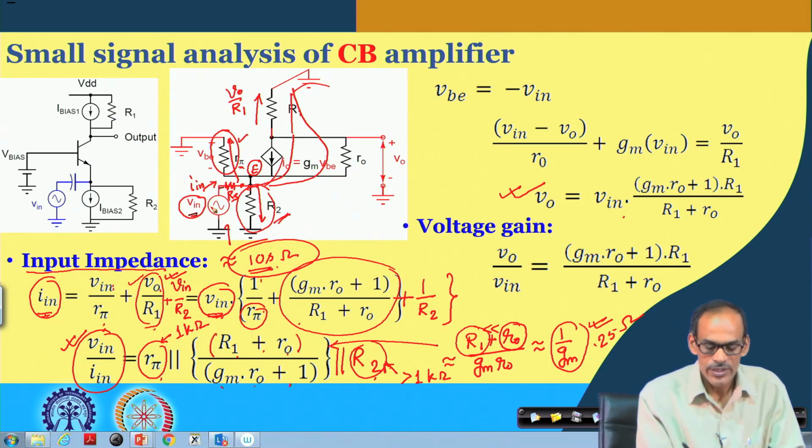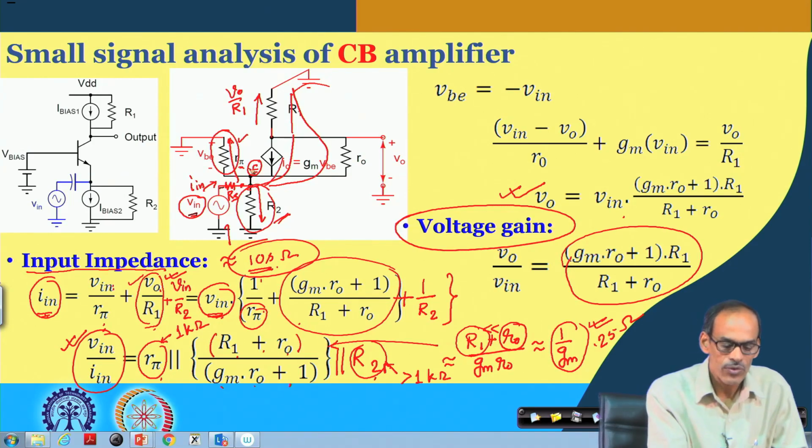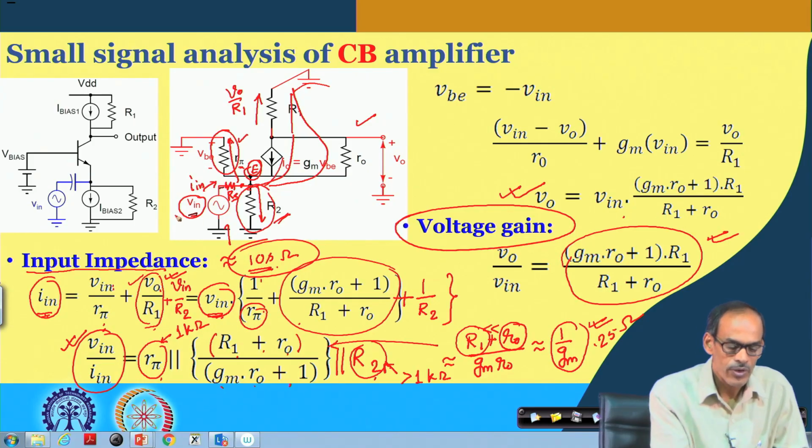So, basically we would like to say that this voltage gain will not remain so nice. In fact, the voltage gain from emitter to output will have the same expression, but from the primary input to the emitter, because of R s and the input resistance here, there will be a big attenuation.